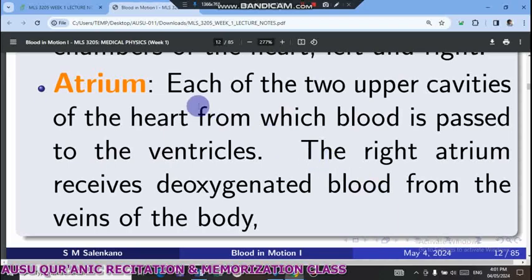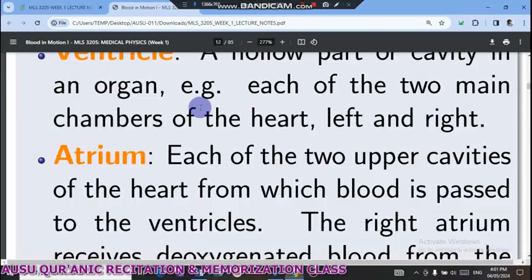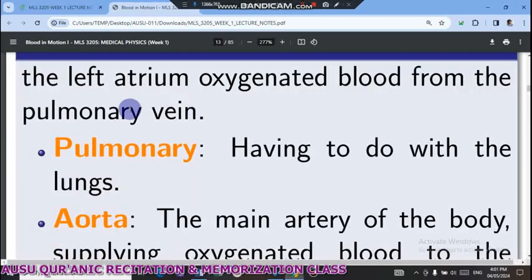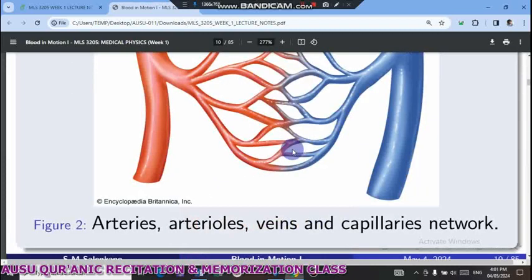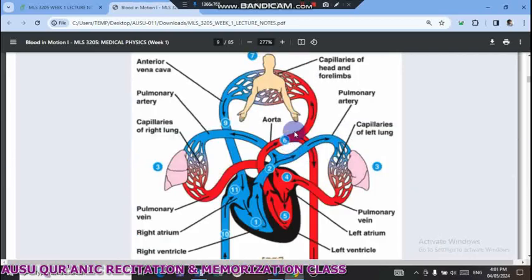Going back again, after atrium, what do we have again? We have pulmonary. Pulmonary means having to do with the lungs. Anything that has to do with the lung, we call it pulmonary. So if you go back to our diagram here, you can see this is an artery that leads to the lung. So we call it pulmonary artery.